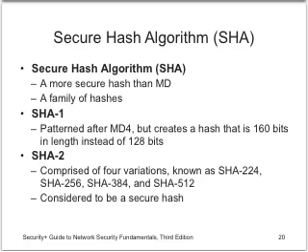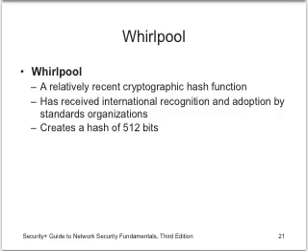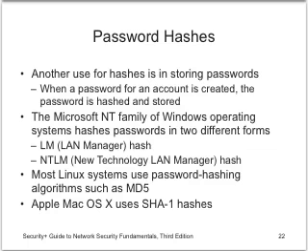I think SHA-2 does go to 512. Yeah, it does go to 512. And then Whirlpool: notice the bits on this one go to 512 as well. 512-bit encryption is very high encryption, and it's internationally recognized and adopted by standards throughout the world for hash algorithms. And then we'll end on password hashes.